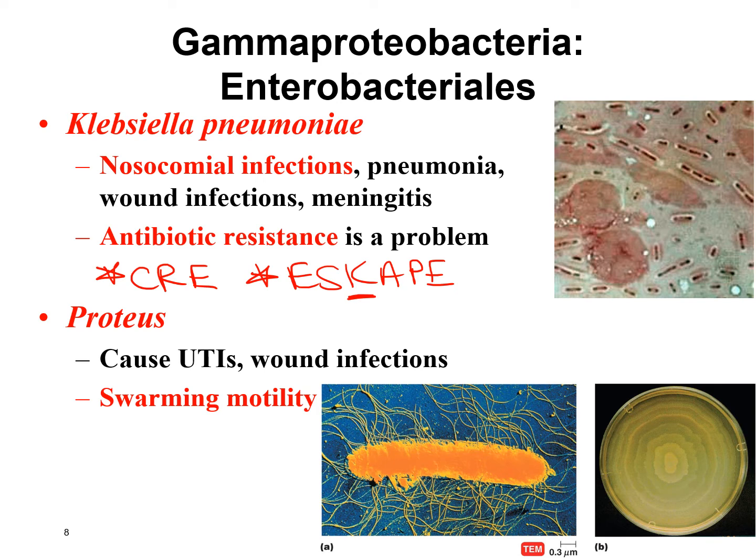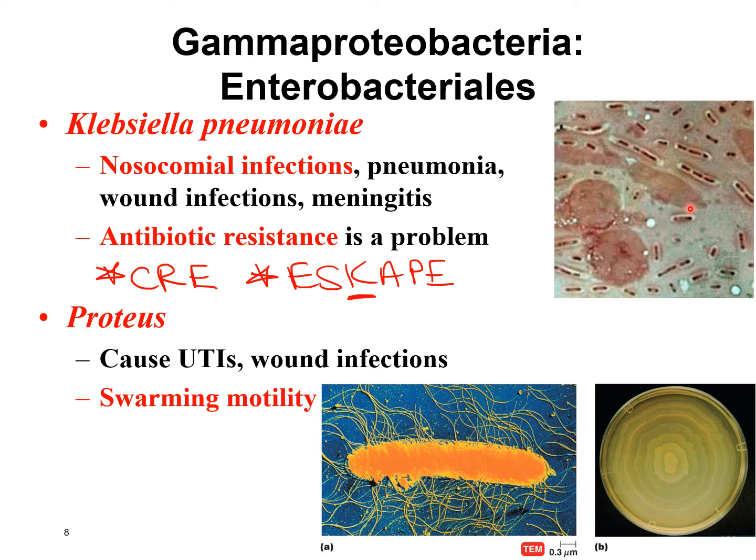Some of the infections that Klebsiella pneumoniae can cause: it can cause pneumonia, which you can see as part of its name. It can get into wounds, causing wound infections, and then can also cause meningitis, which is pretty serious as well. All right, and then looking at the picture on the right, you can see that surrounding the bacterial cell, we've got this clear structure.